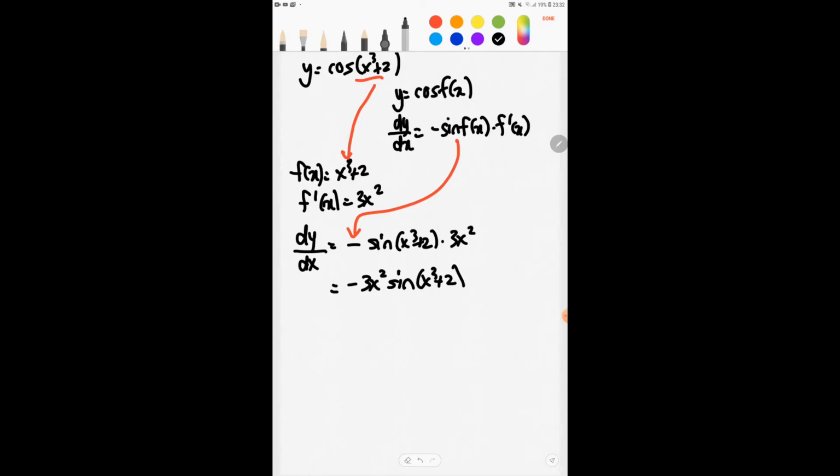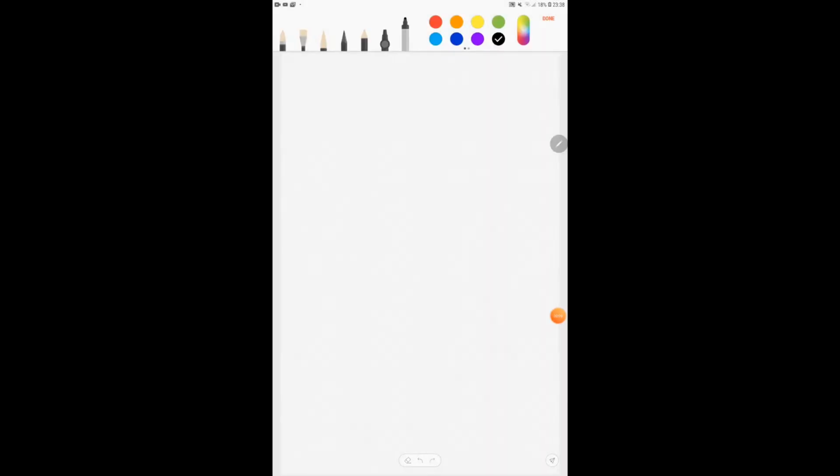Okay, so that is the dy dx. Example, we want to find the dy dx for y is equal to tangent cos x. So y is equal to tangent cos x, it falls in the family of y is equal to tangent f(x), where the dy dx, as we have discussed before, is equal to secant squared f(x) multiplied by f prime x.